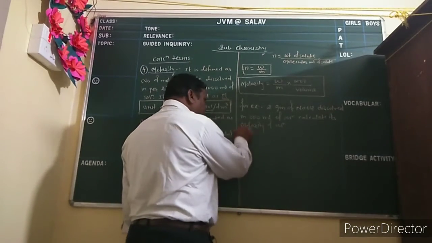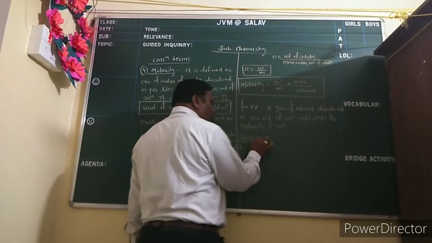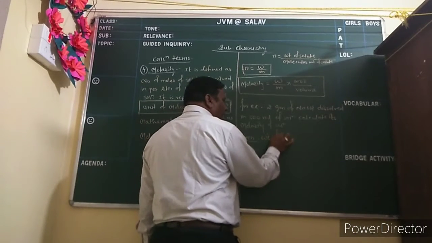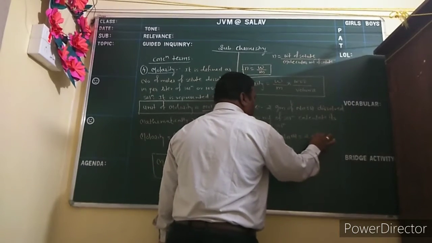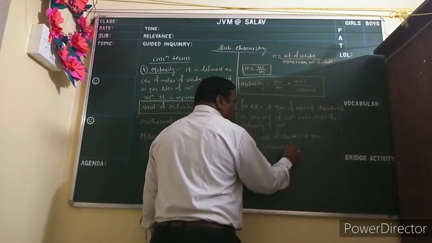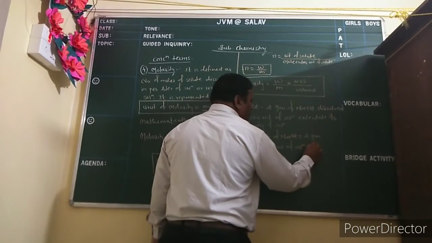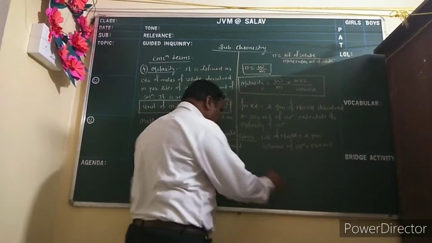So here the given quantity is weight of NaOH, 2 grams, and volume of solution, 500 ml. This is the given quantity.